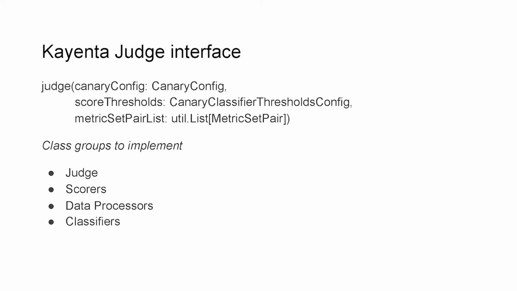The judge interface, like I said, is fairly straightforward. It takes the canary config, which is what we saw in the UI for individual metrics. So it only takes score thresholds, which is what it refers to as pass or fail classification.